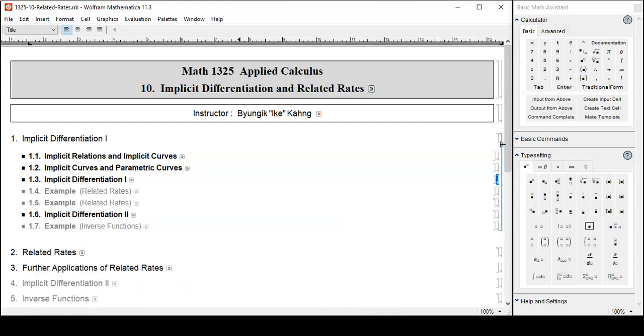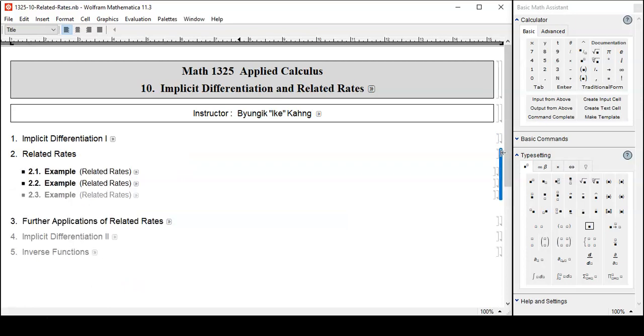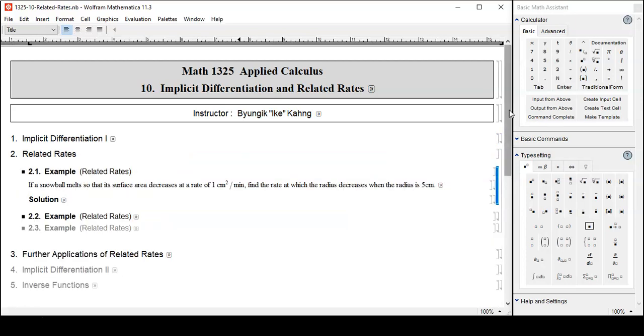Okay, let's go ahead with an example problem. And here's the first example. If a snowball melts so that its surface area decreases at a rate of 1 square centimeter per minute, find the rate at which the radius decreases when the radius is 5 centimeters.